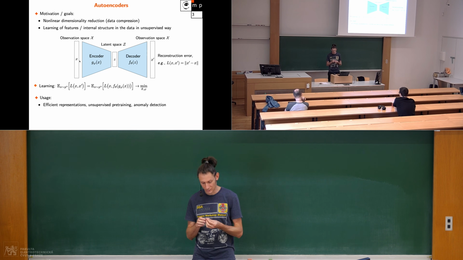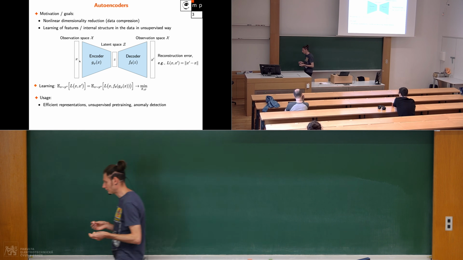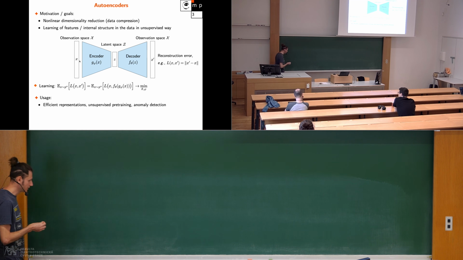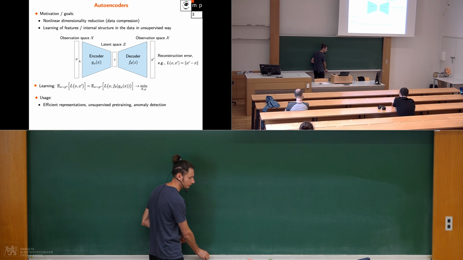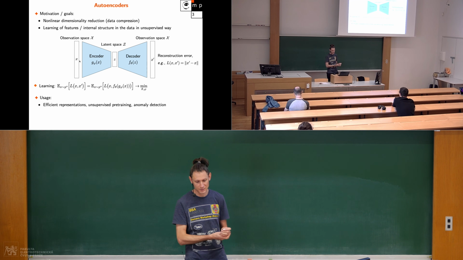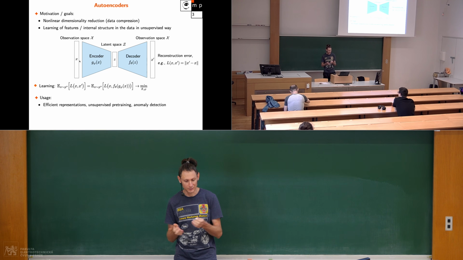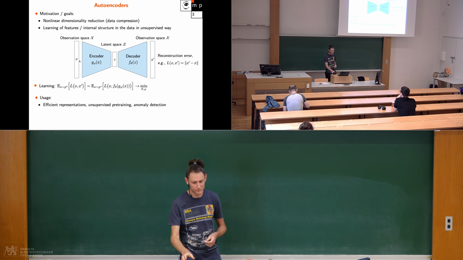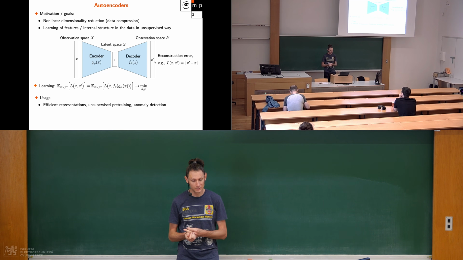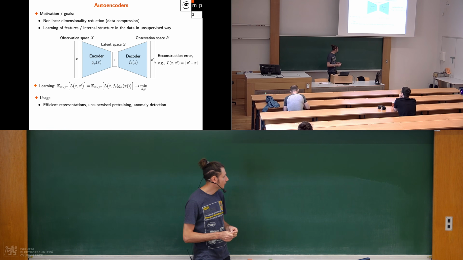If the decoded image is very different from the original input image, then maybe it is not from our data distribution.